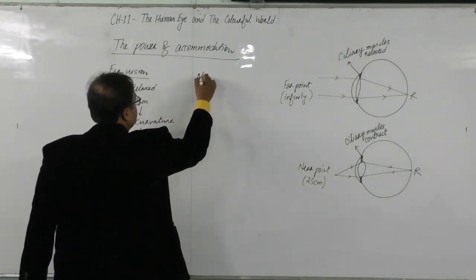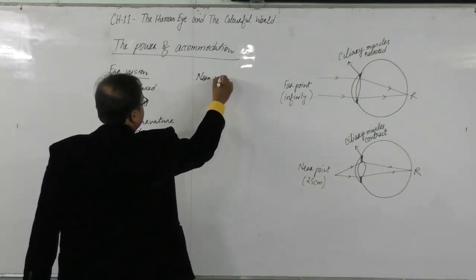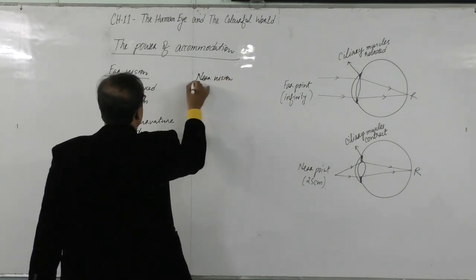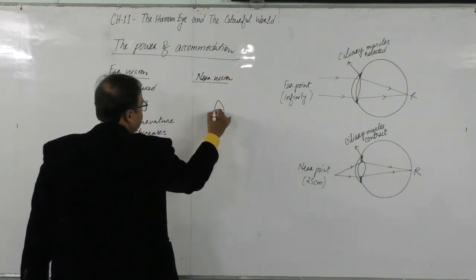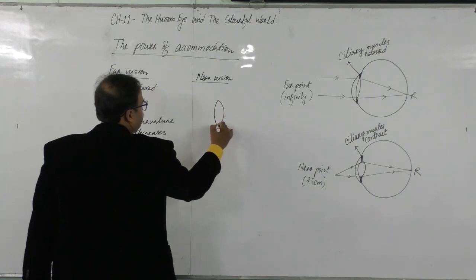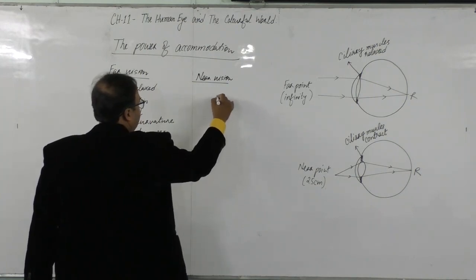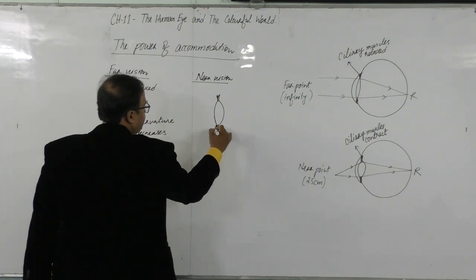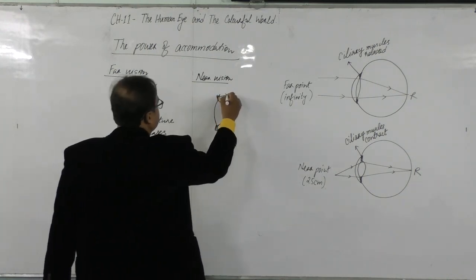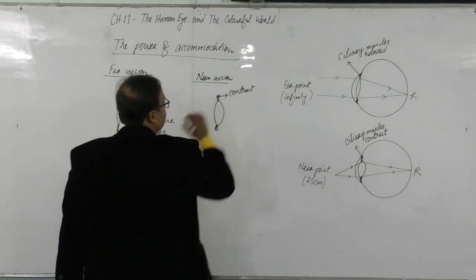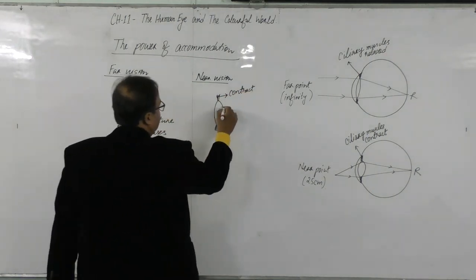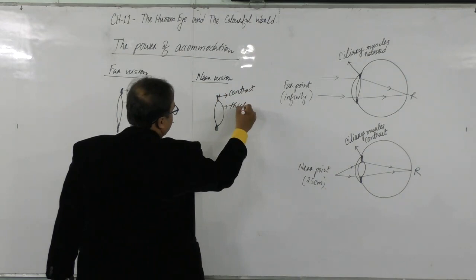Then for near vision, the lens becomes thick because the ciliary muscles get contracted. The lens becomes thick.